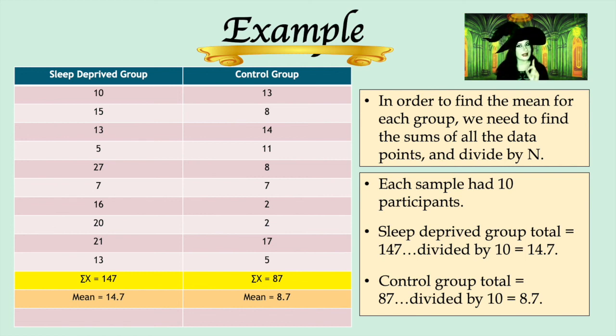By looking at the averages, it looks like the control group took less time on average to complete the potion. Even though we see a difference between 14.7 and 8.7, we can't be fully sure that the differences are significant until we put it through the 7-step process.